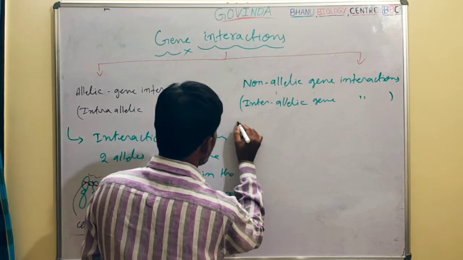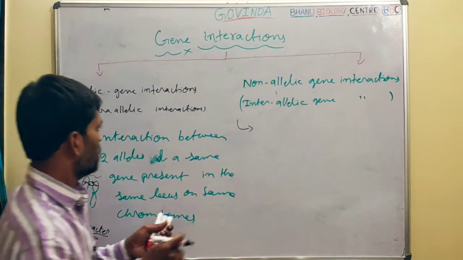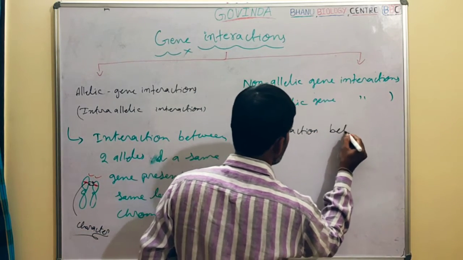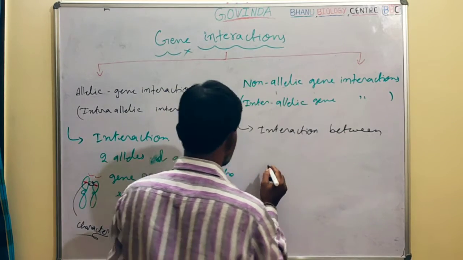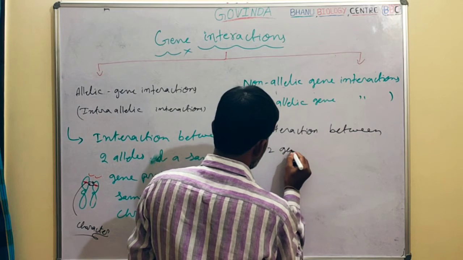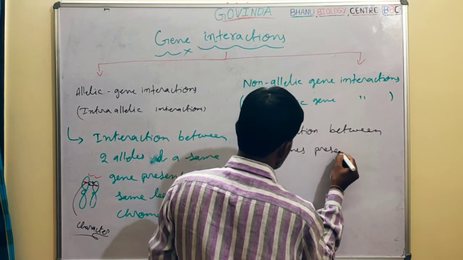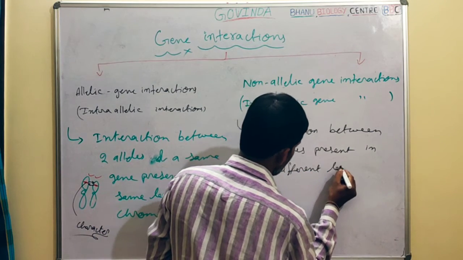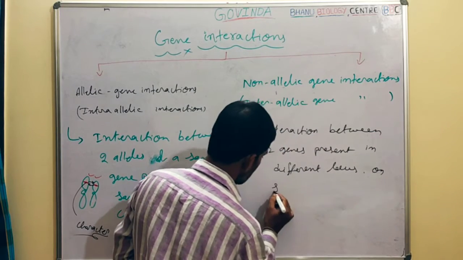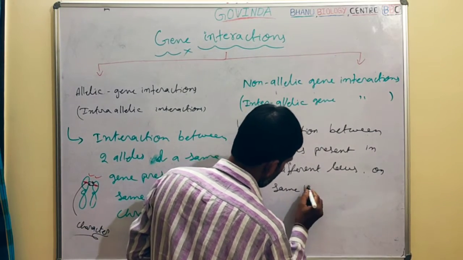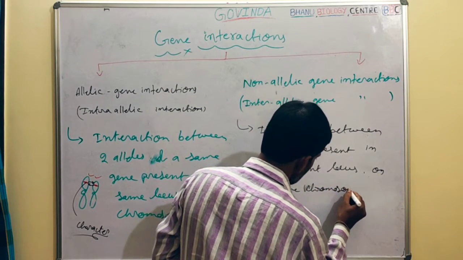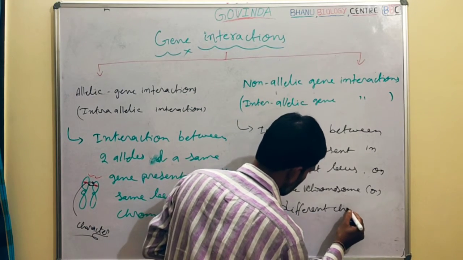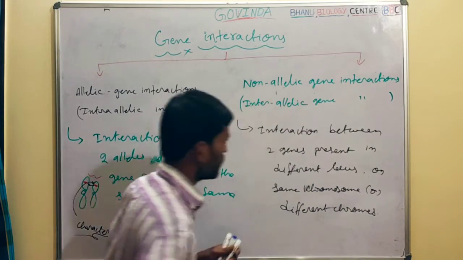Next, non-allelic gene interaction. Here, the interaction takes place between two genes present in different loci on the same chromosome or on different chromosomes.